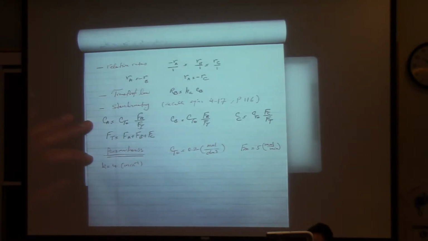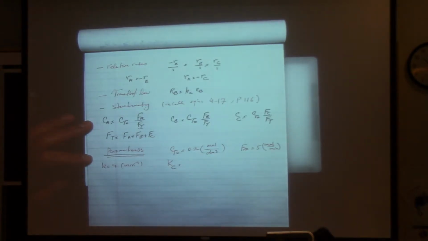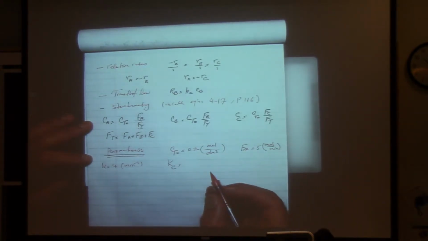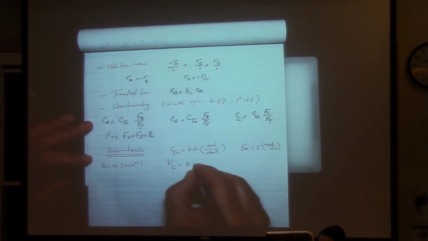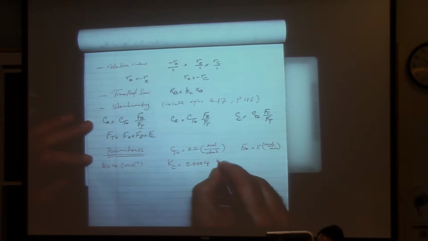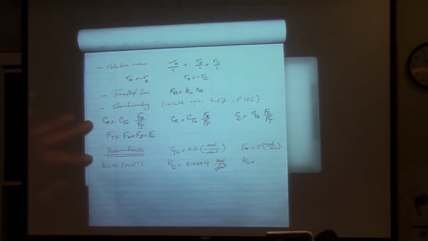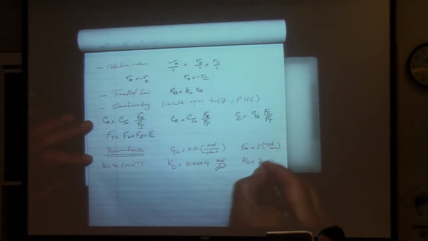This is the rate constant. And the capital K is the equilibrium constant, so it's going to be 0.0004 mole per dm cubed, and Kc would be 8 minute to the minus 1, and this is the mass transfer coefficient.